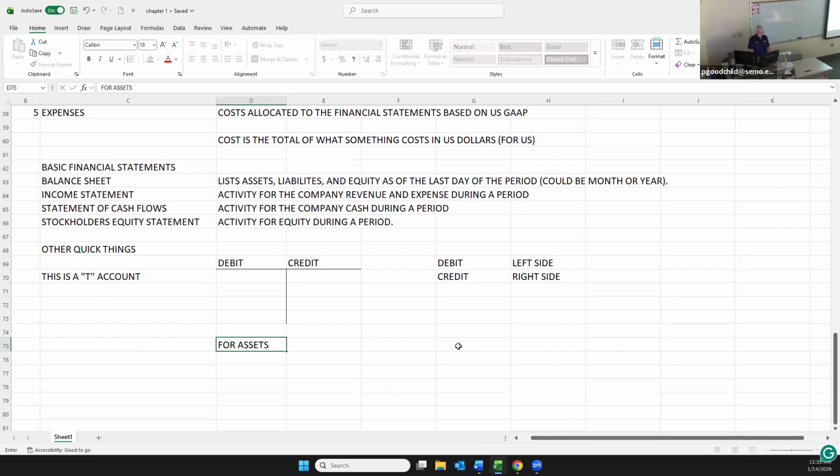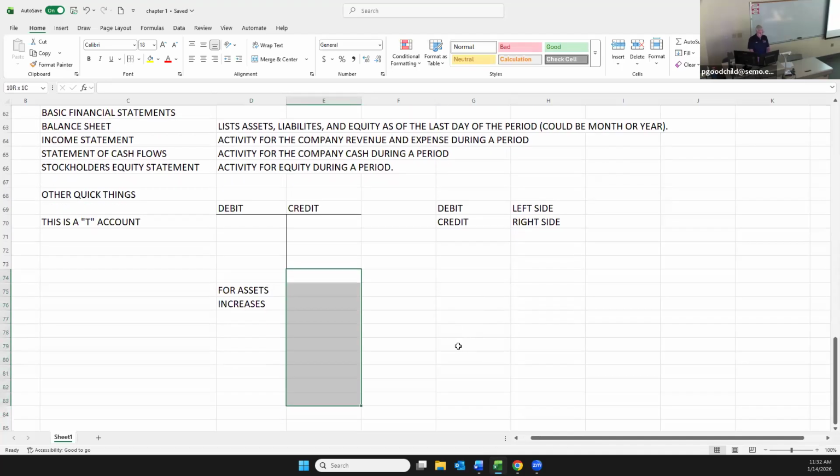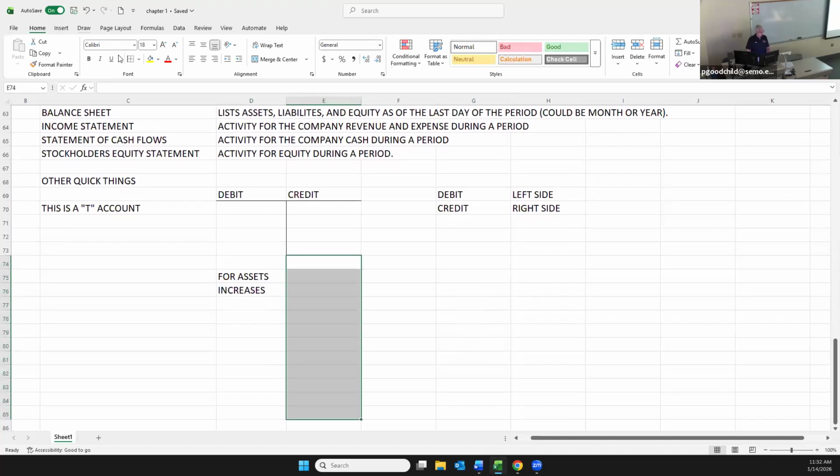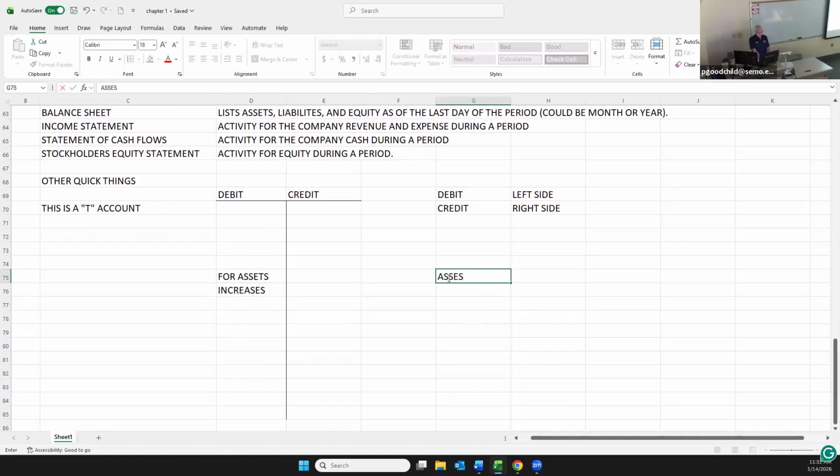For assets, a debit increases. So assets generally have a debit balance.